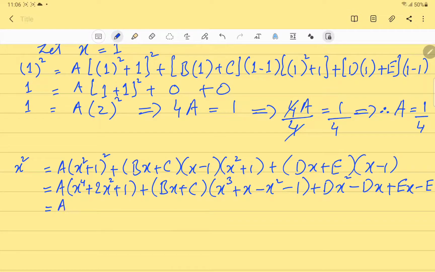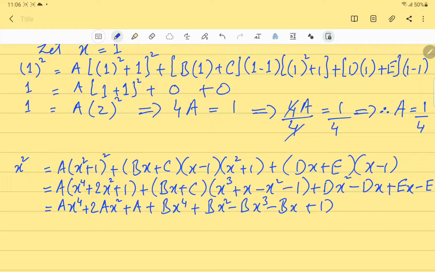Okay, now we open the brackets. ax to the 4 plus 2ax squared plus a plus bx to the 4 plus bx squared minus bx cube minus bx plus dx squared minus dx plus ex minus e.